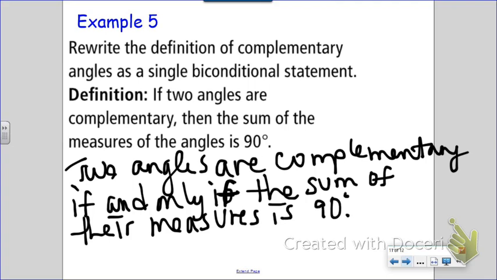That's a biconditional. Putting the conditional and its converse in one statement together, knowing that they're both true.